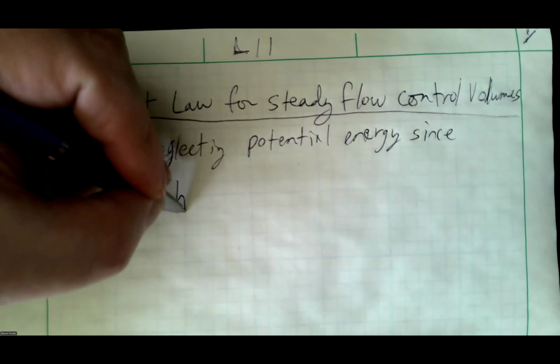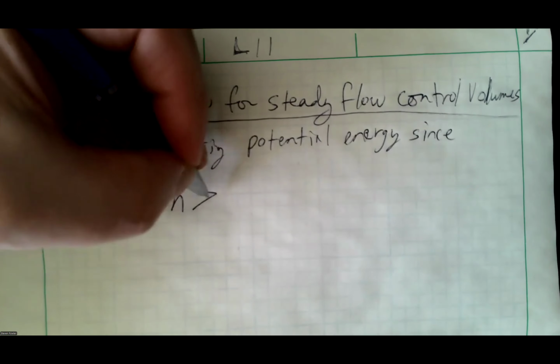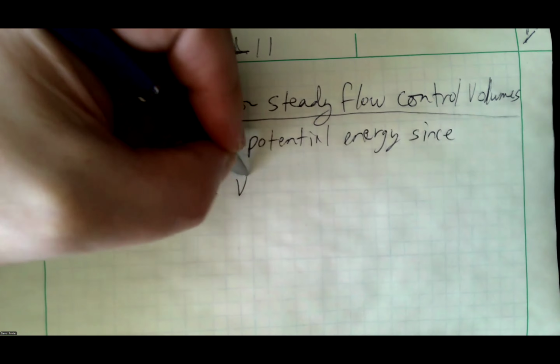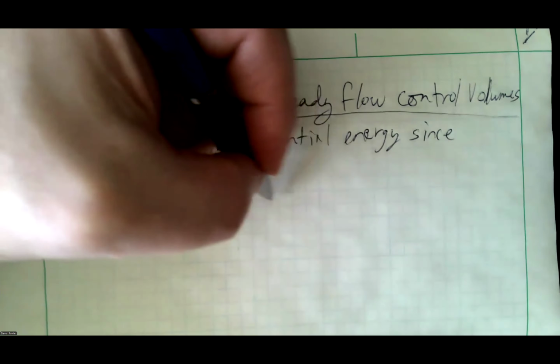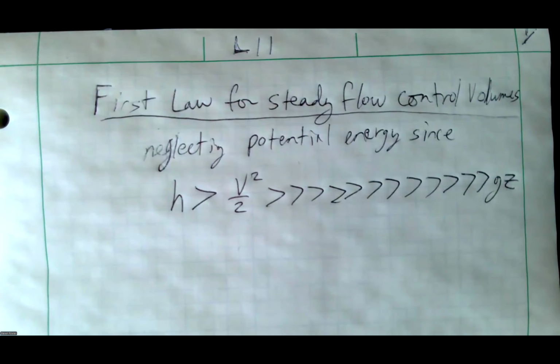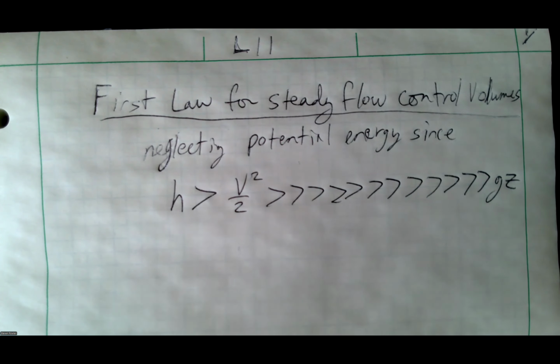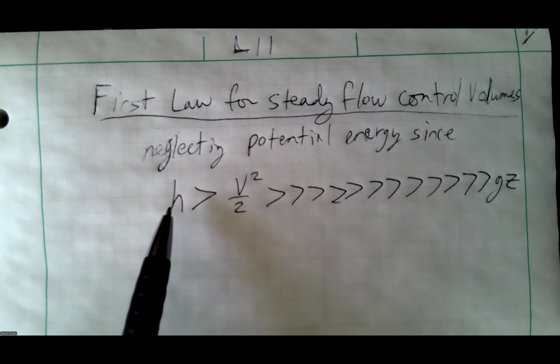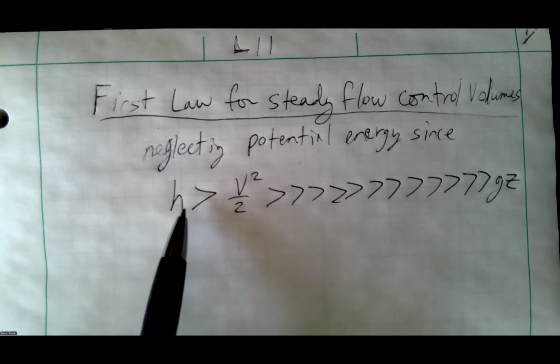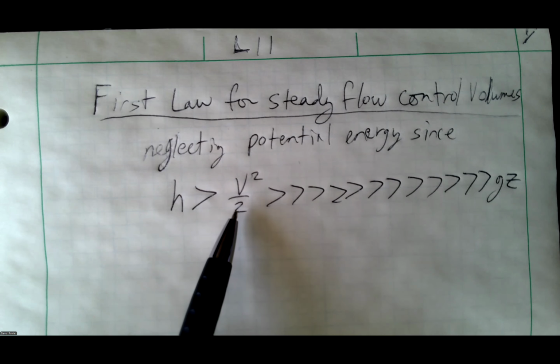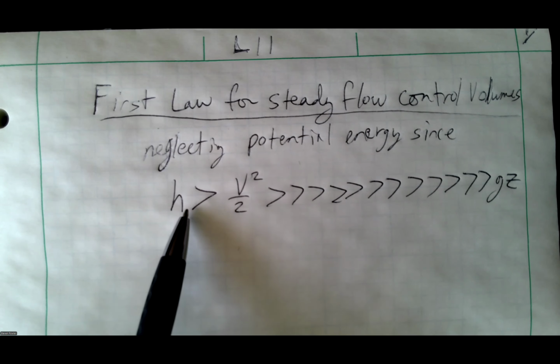Since the enthalpy value is often larger than the kinetic energy value, which is often much, much larger than the potential energy value. It depends on the system, but often the enthalpy value is going to be on the order of megajoules or kilojoules. The kinetic energy value might be close to the same as the enthalpy, depending on the device.